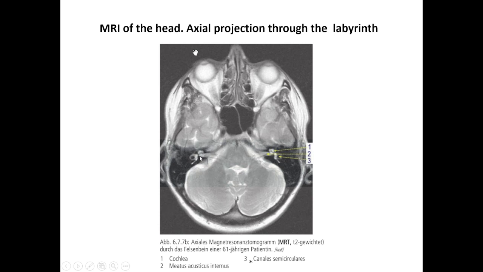So also we can see here the 8th pair of cranial nerves. Nervus, here it is, nervus vestibulocochlearis. So today it is possible to see the inner ear when we use the MRI image of the head.